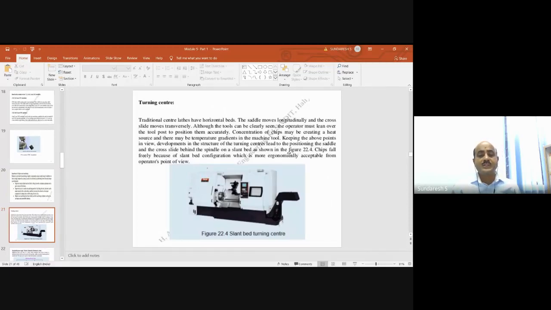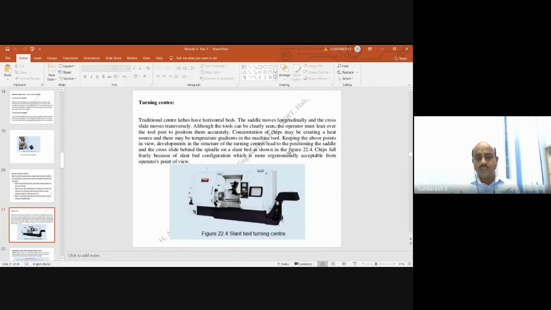The next is the turning center. The traditional center lathes have horizontal beds. The saddle moves longitudinally and the cross slide moves transversely. Although the tools can be clearly seen, the operator must lean over the tool post to position them accurately. Concentration of chips may create a heat source, and there may be temperature gradients in the machine tool.